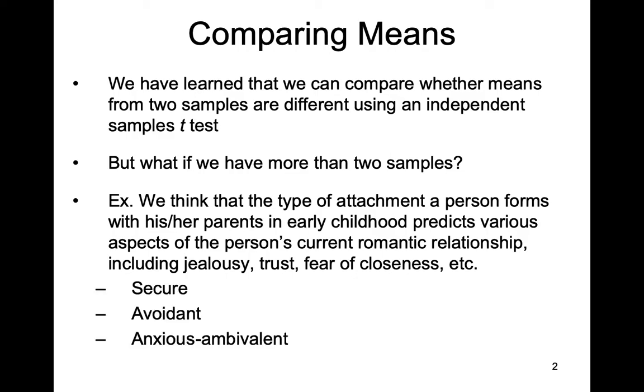And we can categorize people according to three different attachment types: having a secure attachment, an avoidant attachment, or an anxious ambivalent attachment. And indeed, in psychology, this is something that psychologists study.